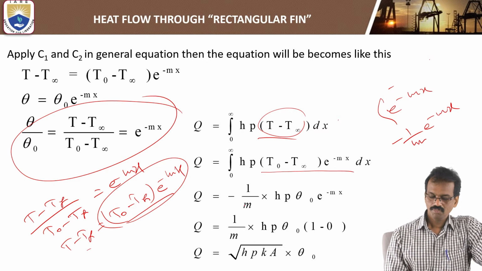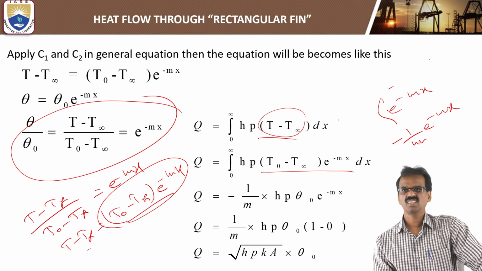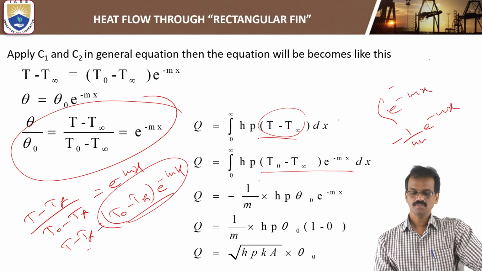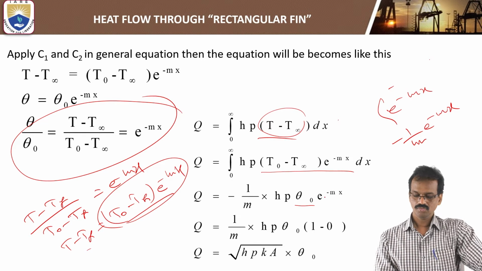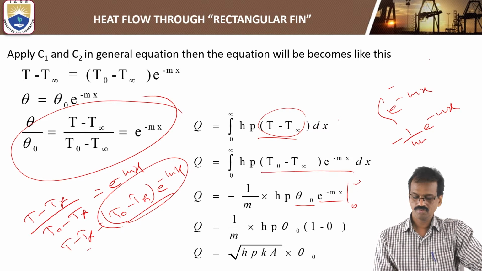Okay, so minus 1 by m into h, which is a constant because that is the heat transfer coefficient. So h and p are constants, the perimeter, and T naught minus T infinity you can write as theta naught. So into e to the power of minus mx, with limits 0 to infinity.